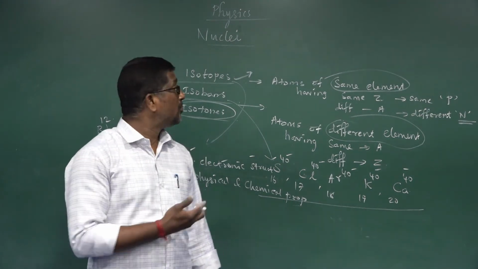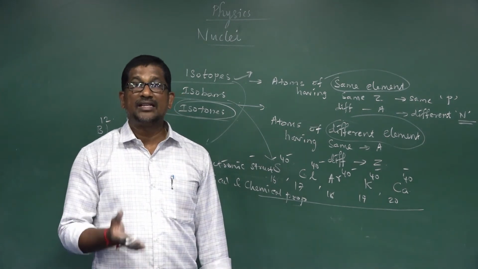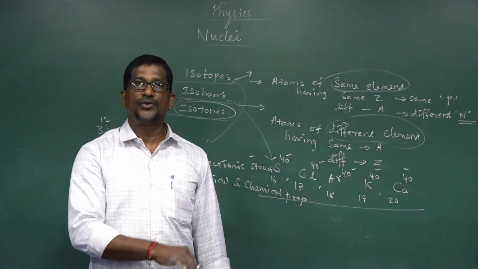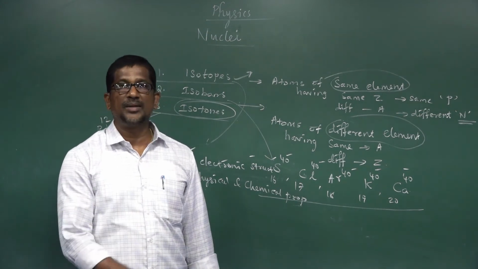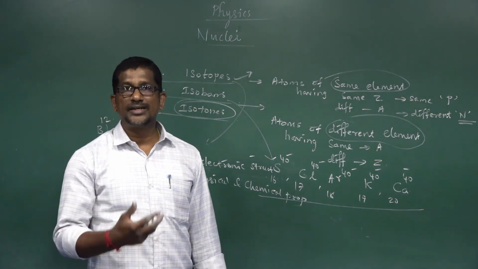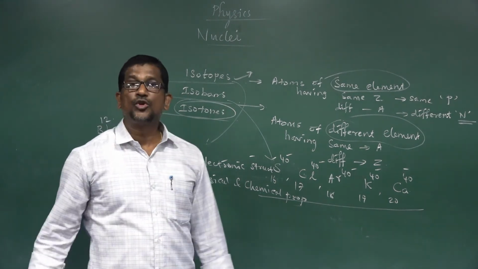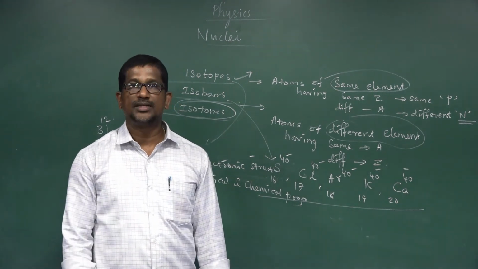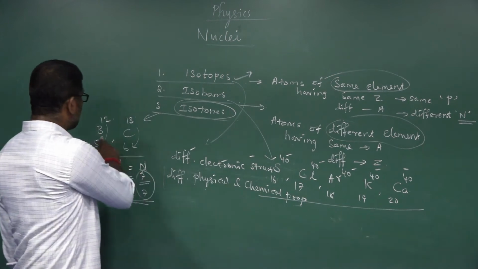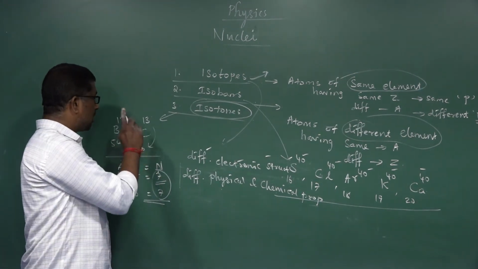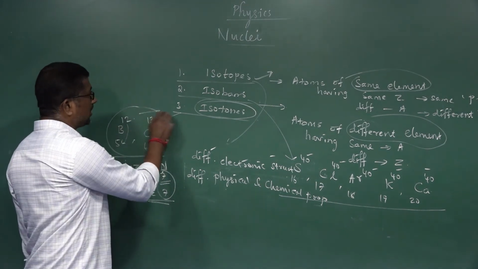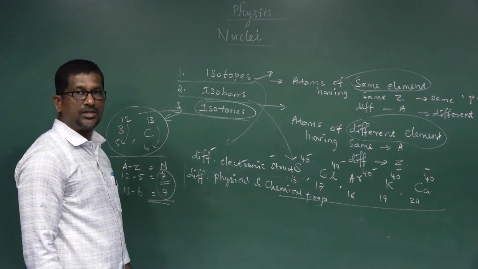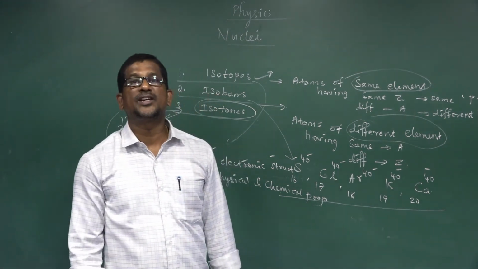Isobars are atoms of different elements having the same mass number but a different atomic number. They have different physical and chemical properties. Example: silicon, chlorine, argon, krypton and calcium. And the last one, isotones, are atoms of different elements having the same number of neutrons. Example: boron 5-12 and carbon 6-13. These two are examples of isotones because they are different elements but have the same number of neutrons. So this is about the classification of nuclei.